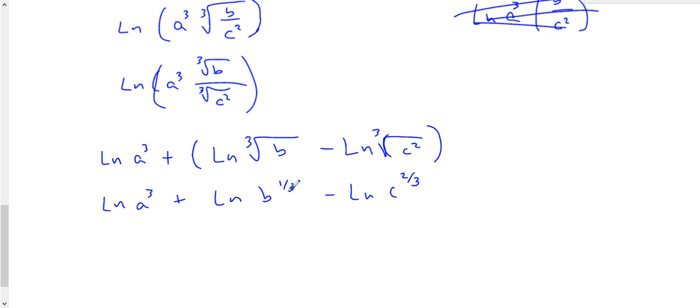It's not going to be 1/3, so it's 2/3. And now I'm going to take those exponents and write them out to the front. So 3 natural log of a plus 1/3 natural log of b minus 2/3 natural log of c.